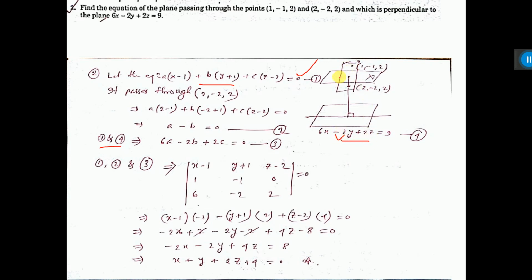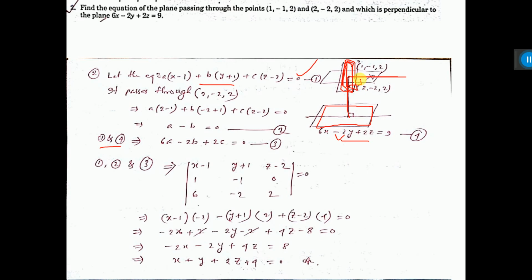Now these two planes, this plane and this plane, are perpendicular to each other. These two planes are perpendicular to each other. Then you see direction ratio of their normal also will be perpendicular to each other, because this plane's normal this way and this plane's normal this way. These two are perpendicular to each other.